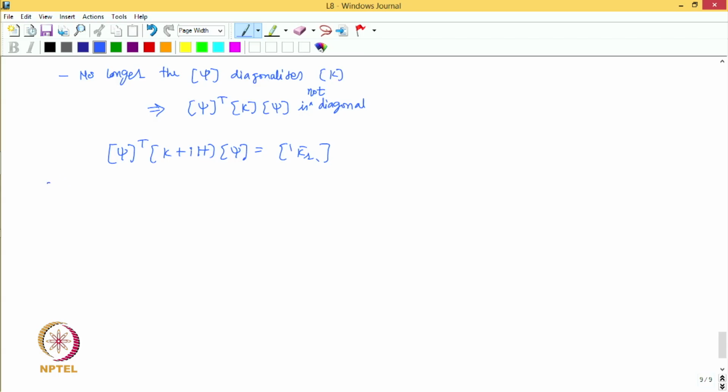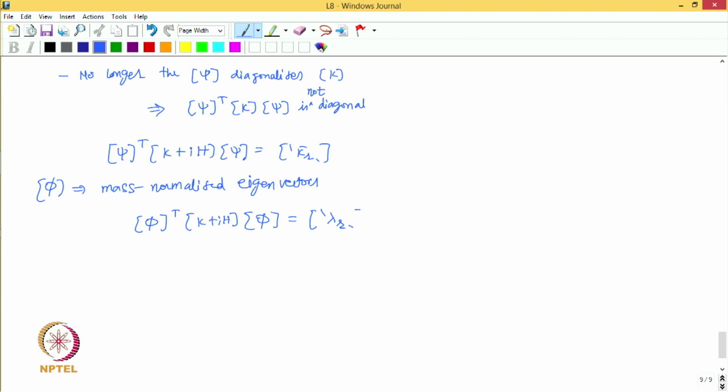If you use the mass normalized eigenvectors, right, let us say these are the mass normalized eigenvectors, then mass normalization can be done using the modal mass, and then we can write this as k plus i h phi, okay, and now this becomes a matrix of eigenvalues, right, it is a matrix of eigenvalues, and this is a complex eigenvalue matrix because these eigenvalues are complex.